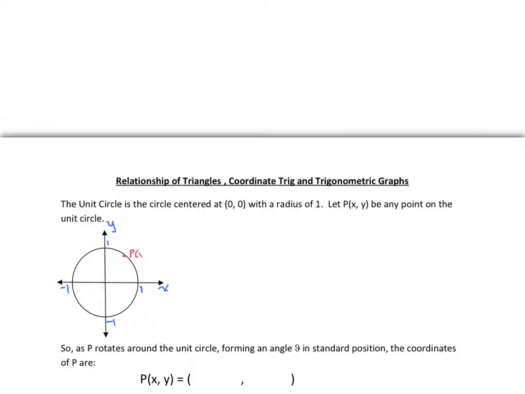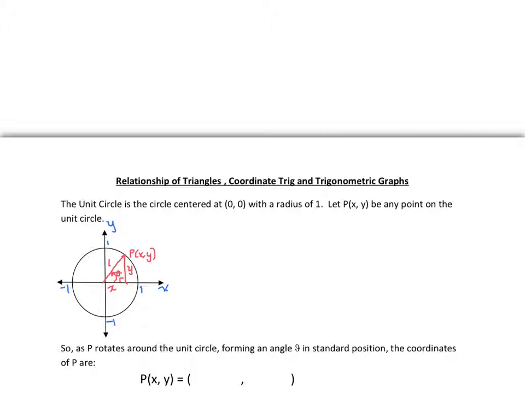So let's say this is point P. Now, if I create the terminal arm associated with point P, so we'll call this angle theta, and the right triangle associated with that angle, then of course the side length of our vertical side would be y, this side would be x, and this is looking very familiar from a couple of lessons ago, other than that since this is a unit circle, the radius here is always going to be 1, whereas before the radius was not always 1.